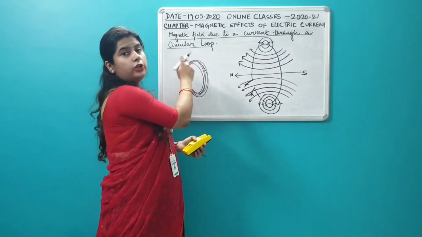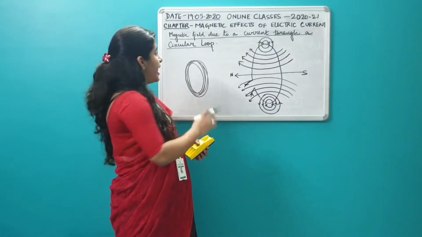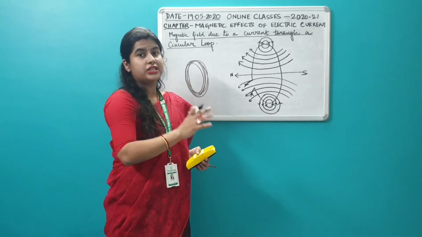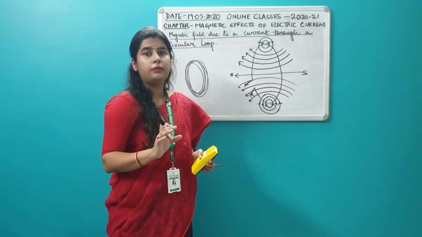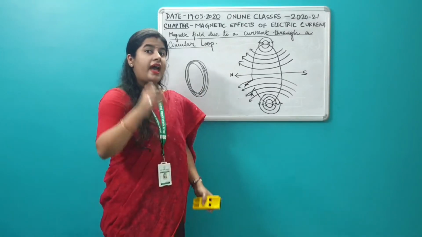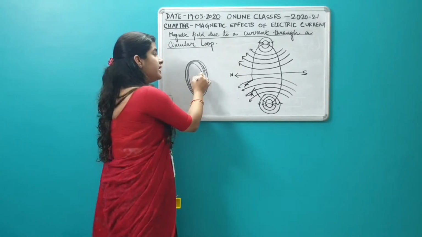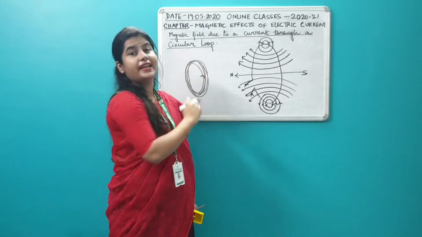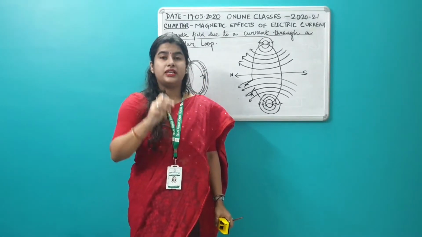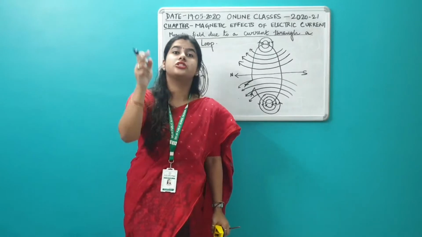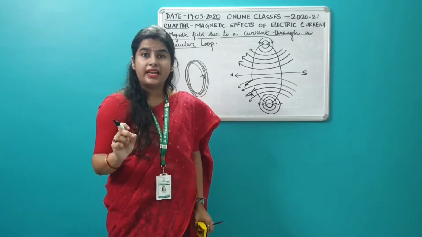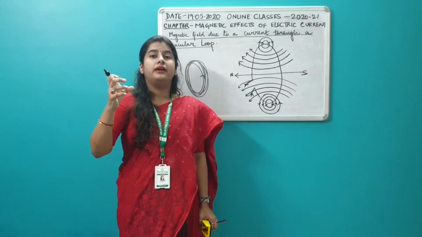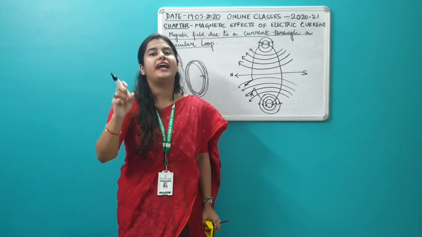Okay. Now imagine that we have a circular loop, but this loop has many turns like this. Instead of a single loop, it has many turns. Imagine current flows through this circular loop having n turns. N means any number of turns. And each turn is carrying current. So you can imagine each turn of this coil will have magnetic field lines, and all together the magnetic field lines will add up.